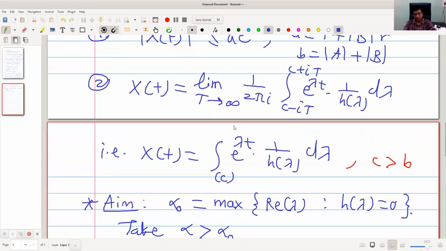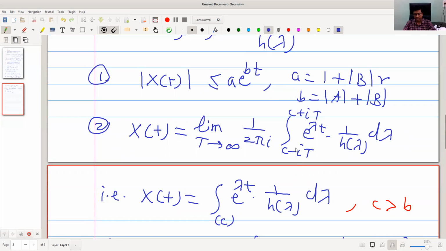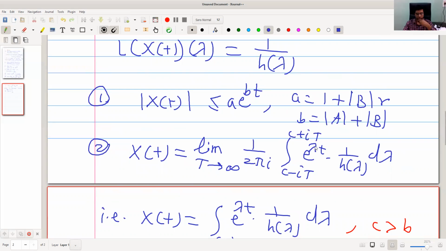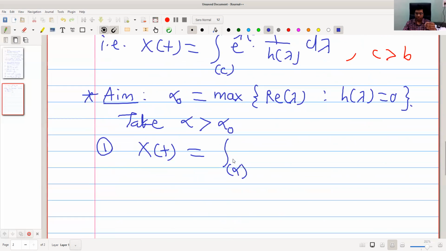Here it was a line passing through C, from C minus iT to C plus iT, T tends to infinity, meaning a vertical line passing through C in the complex plane, 1 upon 2 pi i. Here it was the inverse Laplace transform.